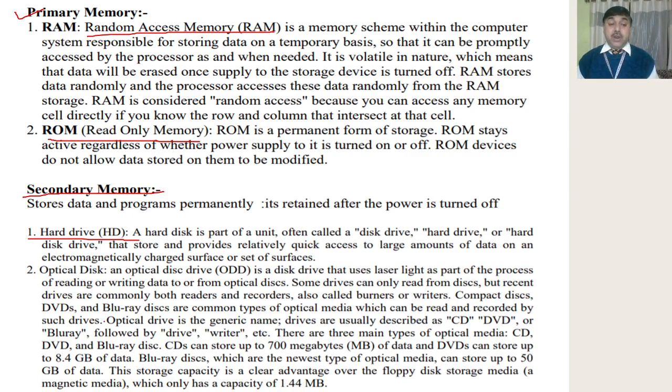We are aware of this also. Optical disc means CD, the optical disc drive. A laser ray comes and your CD has a particular pattern. There is a CD reader, and from the CD reader a laser ray will come and, suppose in this area, it will reflect, and that will be taken and read here.